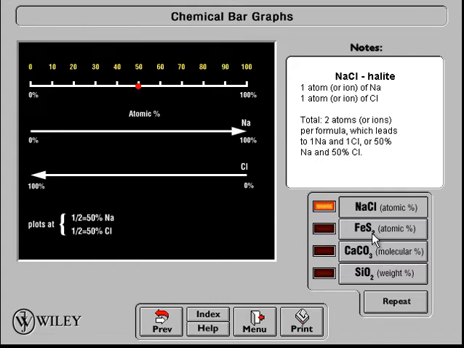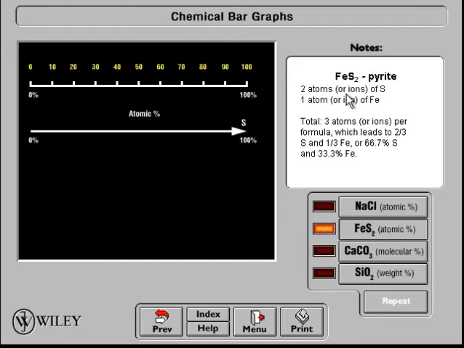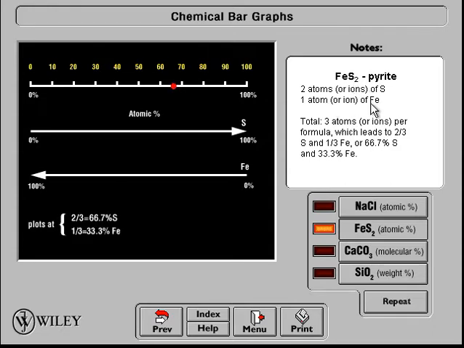So now we are going to iron sulfide, the pyrite. We have 2 atoms or ions of sulfur here, and we have 1 atom of iron here.